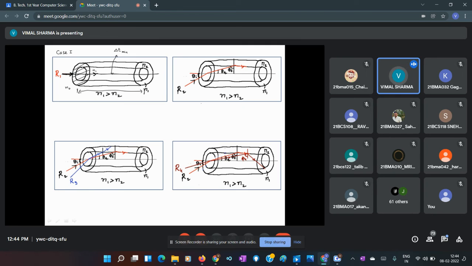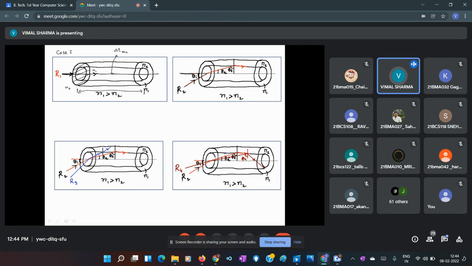Then we have another way of launching light into the optical fiber, and this is we are making light incident at any angle. We have chosen this ray, this is the axis of the optical fiber, and this is my ray R2, and this is making some angle theta with the normal. This is the normal to the air core interface.